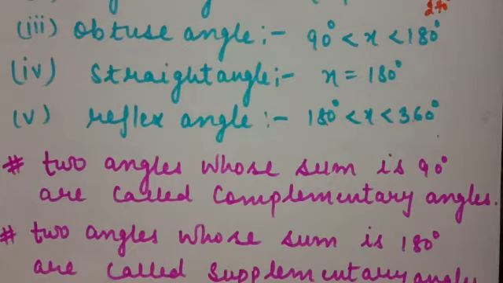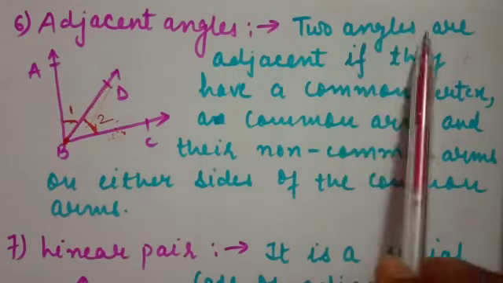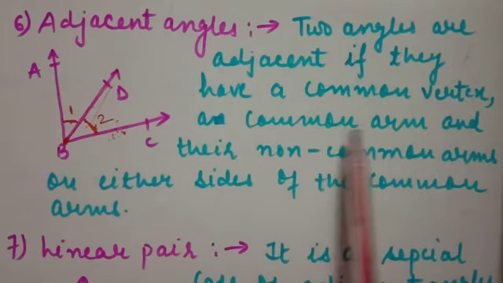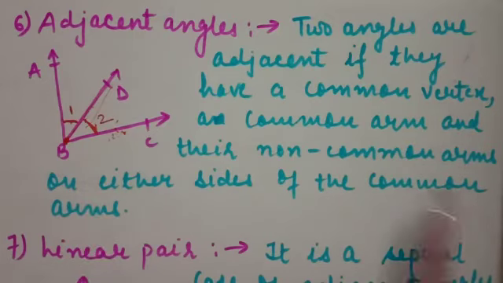So students, the next definition is adjacent angles. Two angles are adjacent if they have a common vertex, a common arm, and their non-common arms are on either side of the common arm.